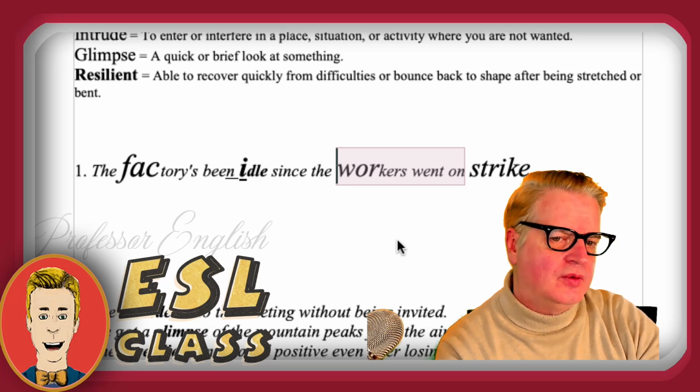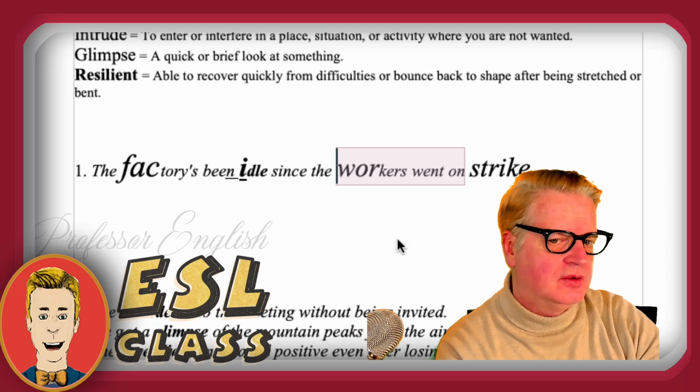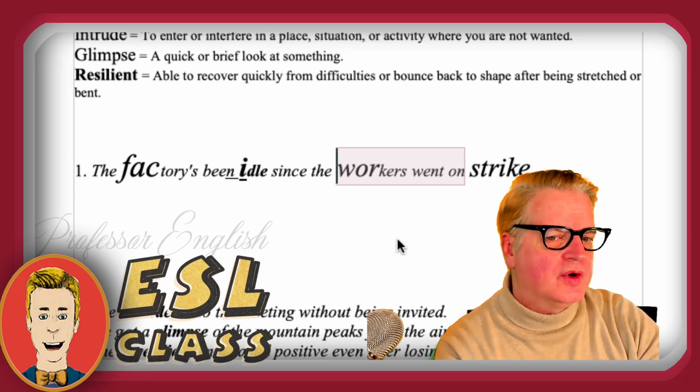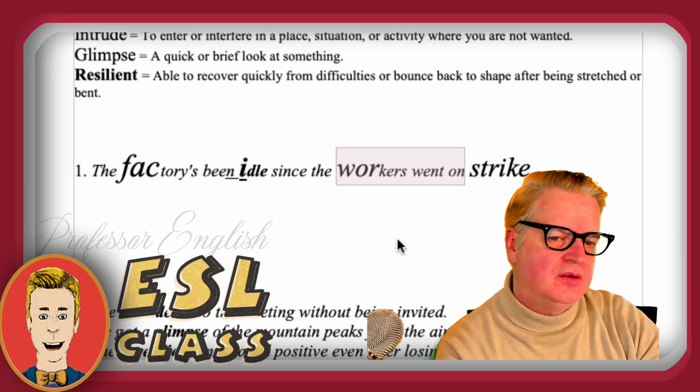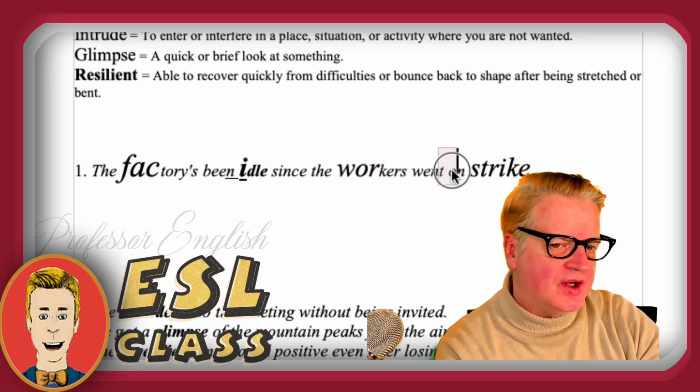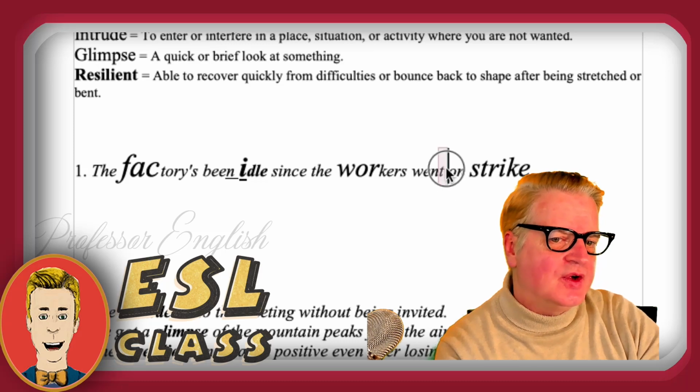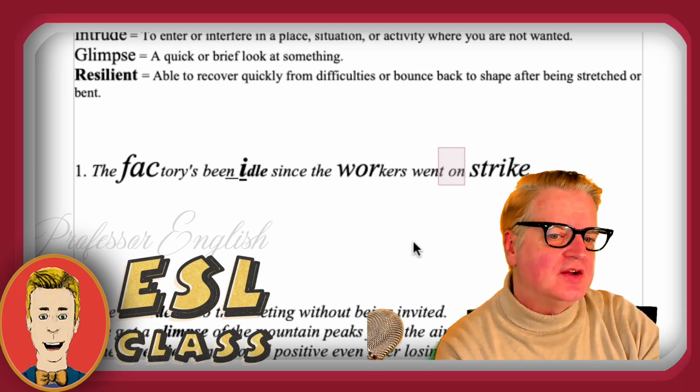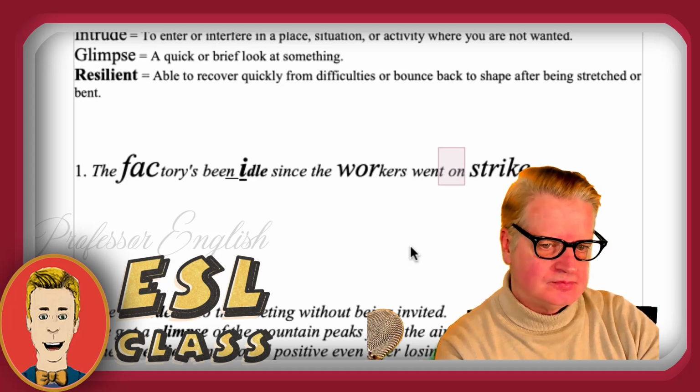Workers went on strike. The workers went on strike. So you notice I don't pronounce the T in went, but in the UK they probably would. They probably would say went on.